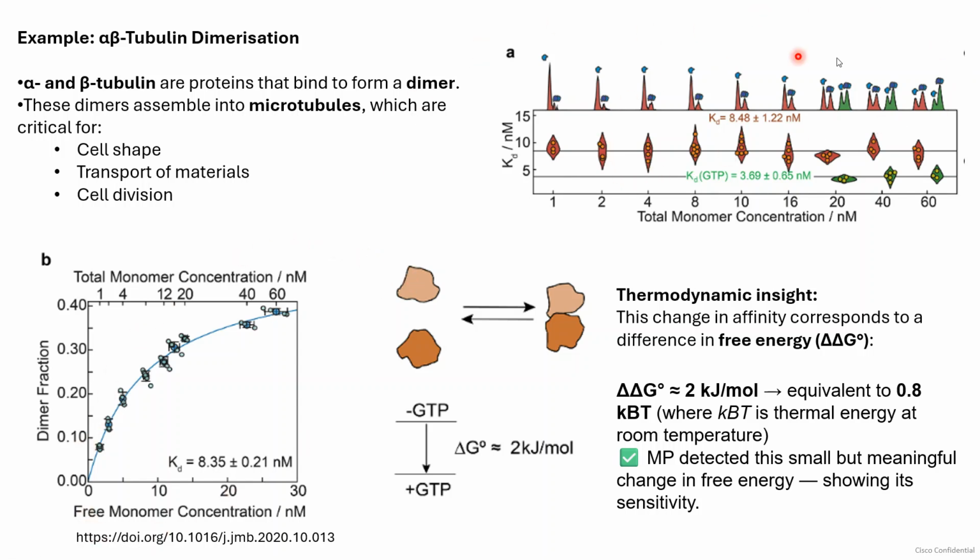It was also seen that in the presence of GTP, which is very important for assembly of alpha and beta tubulin, the KD, that is the dissociation constant, decreases. Because of this change in the dissociation constant, affinity can also be calculated, and that corresponds to the free energy.